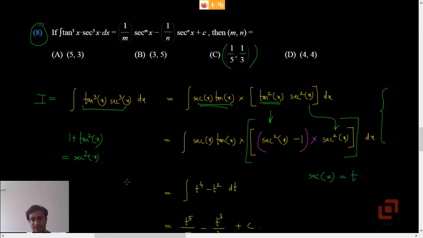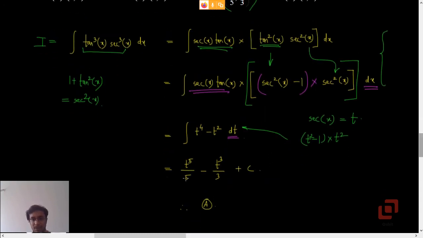Okay, so sec x tan x dx will be dt. Yes, then what do we have in the green bracket? We have t squared minus 1 into t squared. Yes, so that will eventually be t to the power 4 minus t squared dt. Simply integrate them, t raised to 5 upon 5 minus t raised to 3 upon 3 plus c, again this formula.